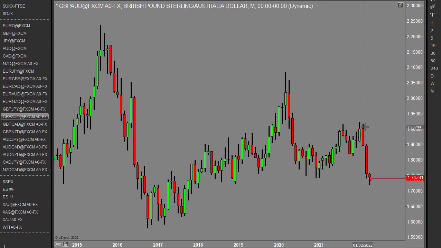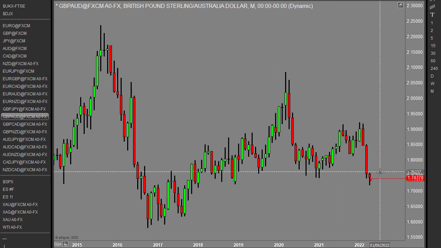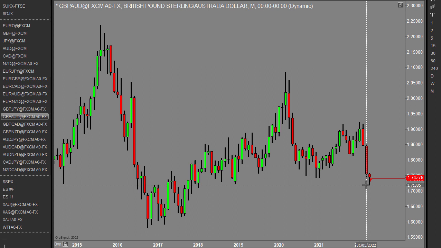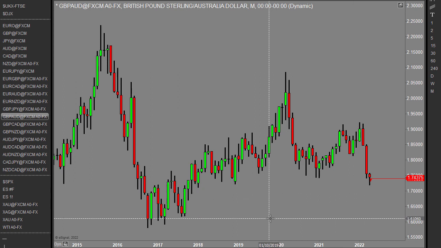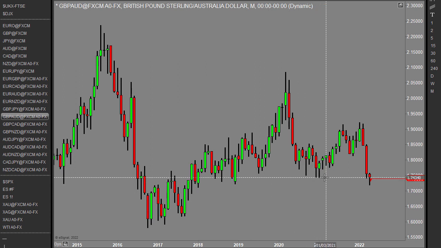And even coming out to the monthlies here, yes, it's probably not as obvious a downtrend as what we're seeing with the euro, for example, but it's still a downtrend. We can see where the support is on these bigger time frames. Yes, we're near a point of support at the moment, and we've got further support to come if that gets broken later. We've just broken through some support.